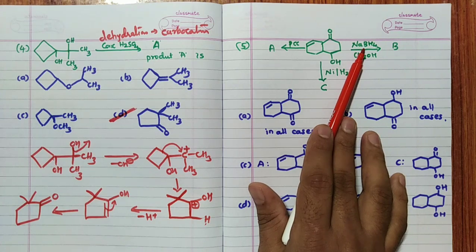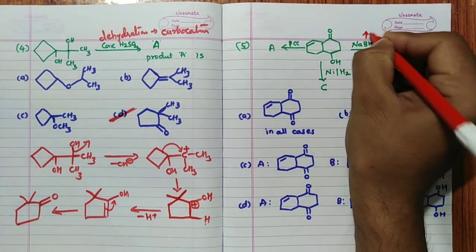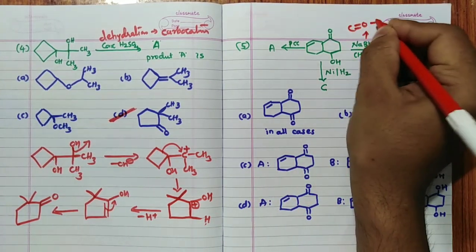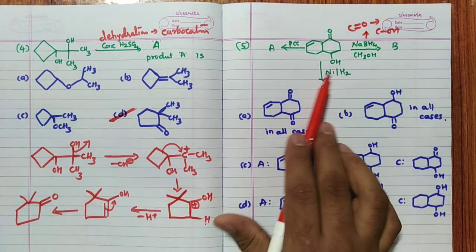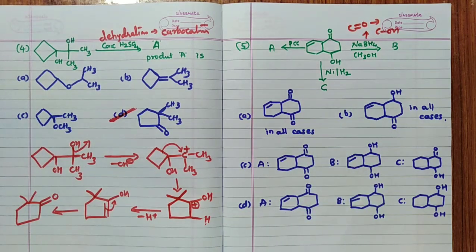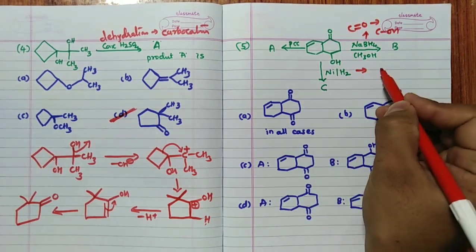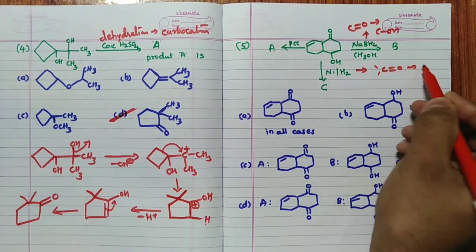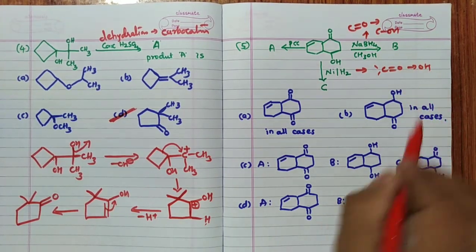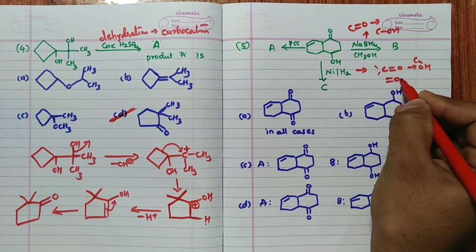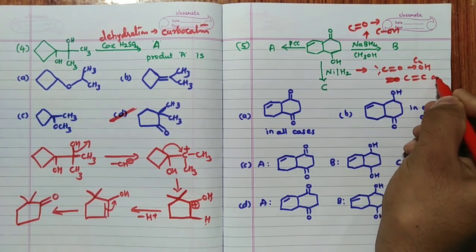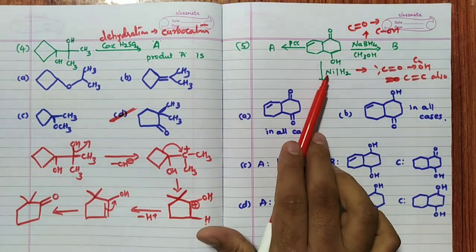Always, NaBH4 will convert C double bond O to C-OH, right? That is B. Now, this one will convert C double bond O to C-OH, and in addition to that, C double bond C is also reduced by Ni/H2.